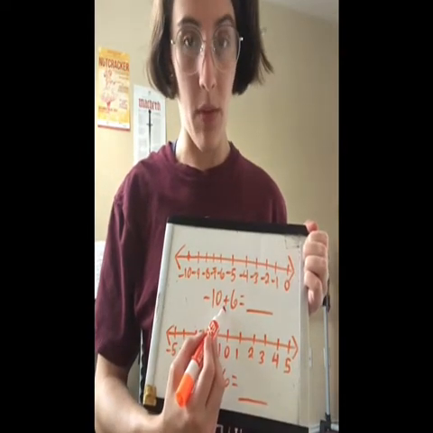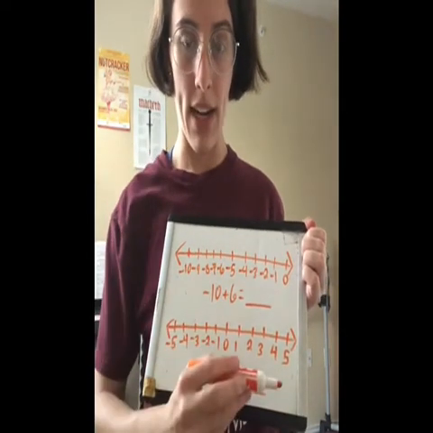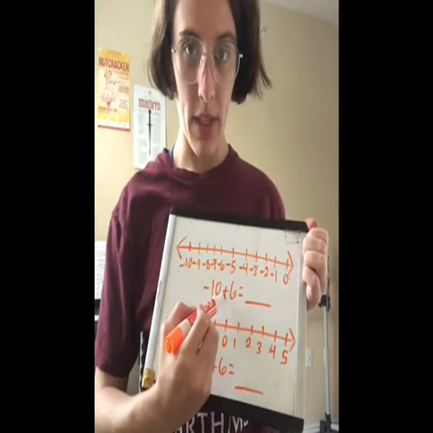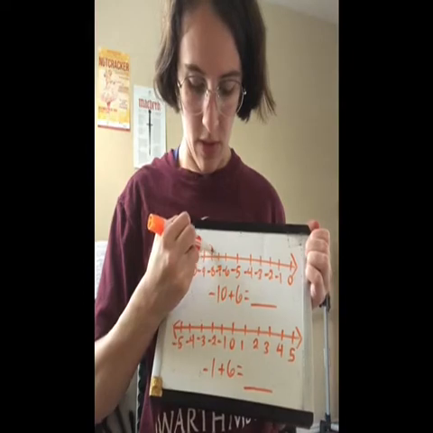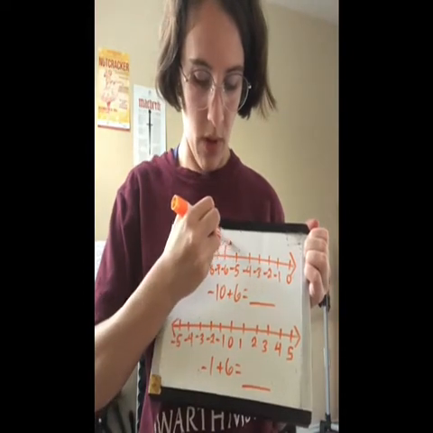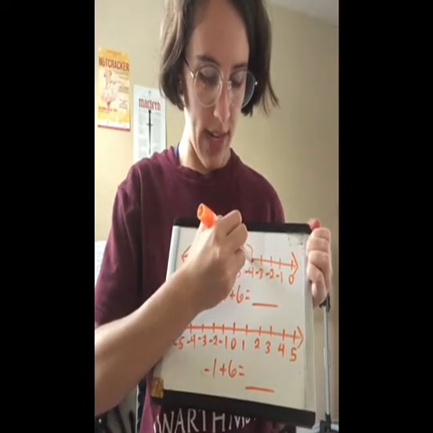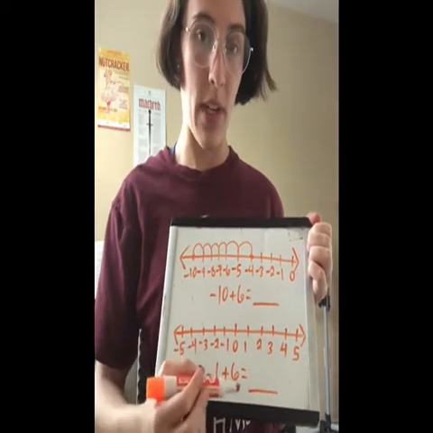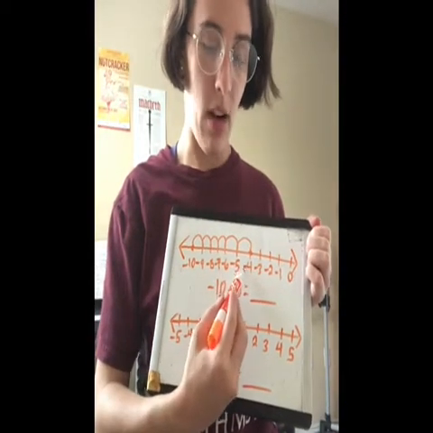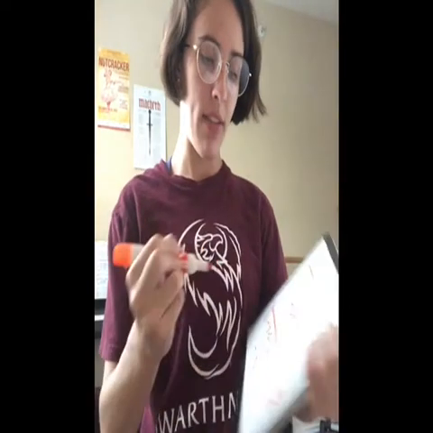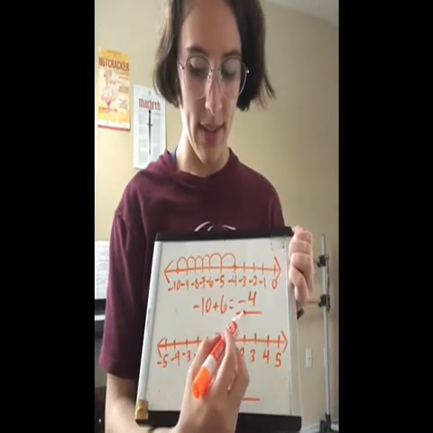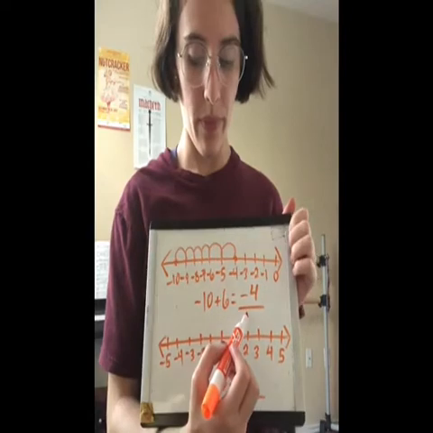That means we're going to move 6 bunny hops to the right because 6 is positive. So 1, 2, 3, 4, 5, 6. After moving 6 bunny hops to the right, we landed on negative 4. So negative 10 plus 6 equals negative 4.